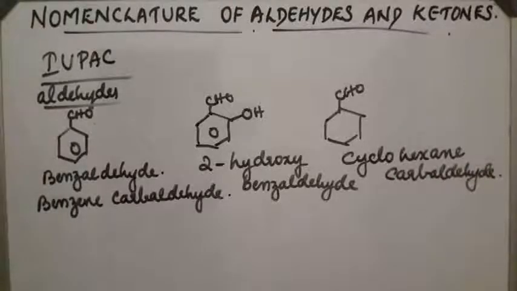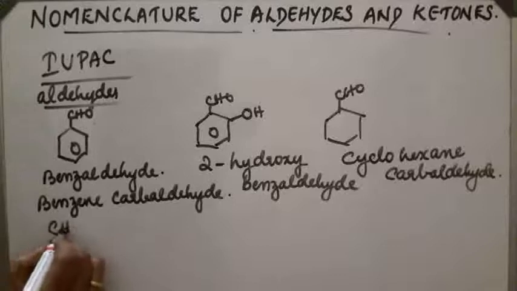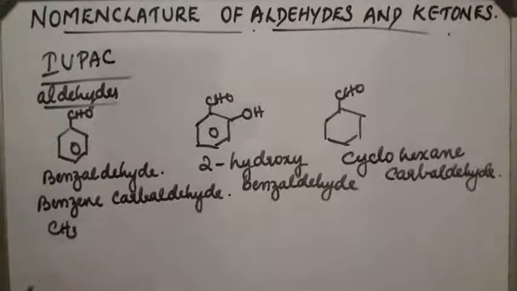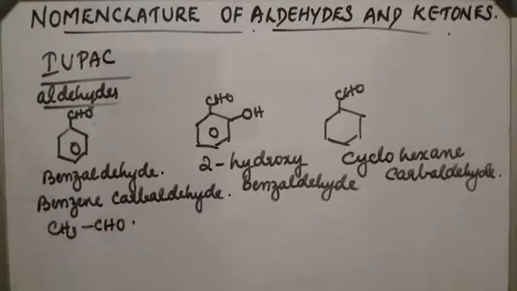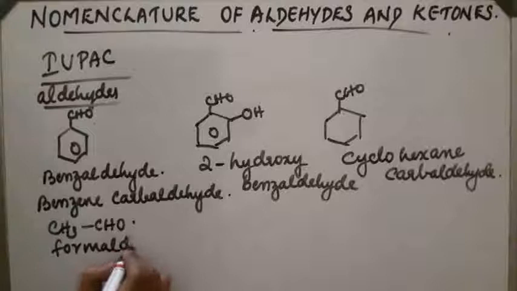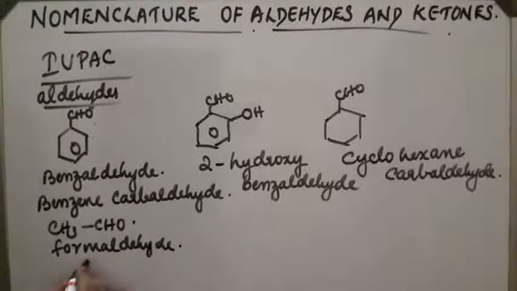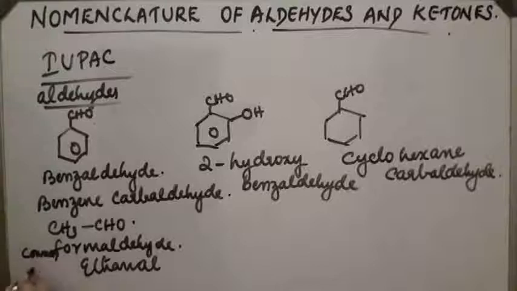Now let us take some other examples. CH3CHO. How can we write the IUPAC name of this compound? The common name is acetaldehyde, and the IUPAC name will be ethanal.